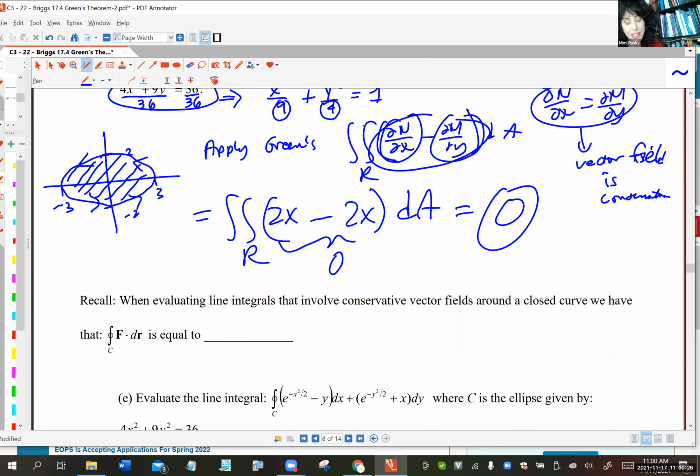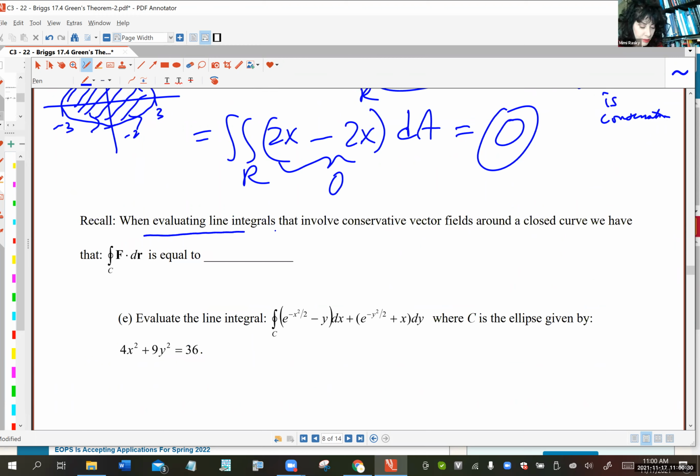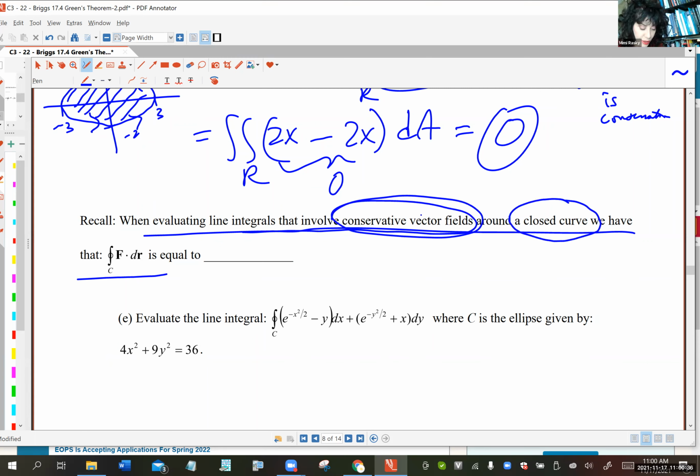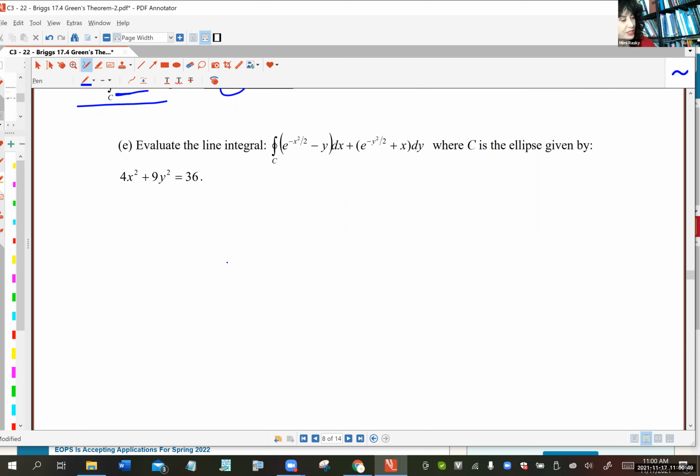But we just showed it is true using Green's theorem. So now you can answer this question. When evaluating line integrals that involve conservative vector fields around a closed curve, the line integral answer is equal to what? 0. Yep.